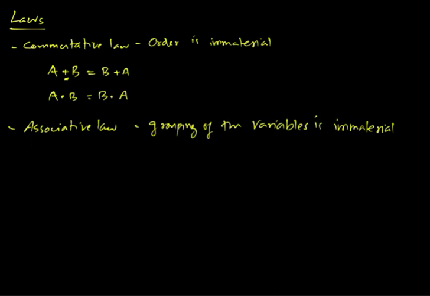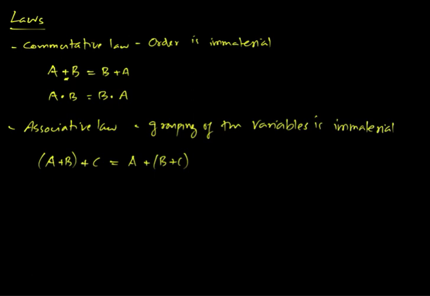For example, if you consider three variables A, B and C, suppose A is ORed with B first, and then the result is ORed with C, that is (A OR B) OR C. According to the associative law, this is equal to ORing B and C first and then ORing with A. That means (A OR B) OR C is equal to A OR (B OR C).